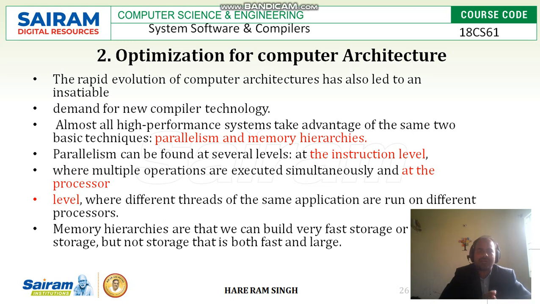So memory hierarchy means the whole data is stored in the system in a hierarchy, like one file put in another file, and that file in another, which increases the data storage capacity.